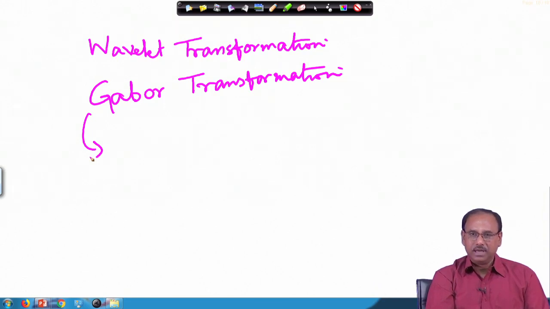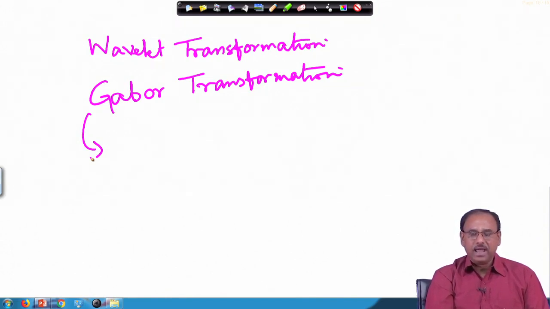One is the variance of the Gaussian, which tells you about the scale, and because it is cosine modulated, the frequency of that cosine signal. The other parameter, because it can be oriented, is the orientation angle. So, I have three different parameters for Gabor filters: frequency, scale and orientation. And I can have different filter coefficients by varying these three parameters.